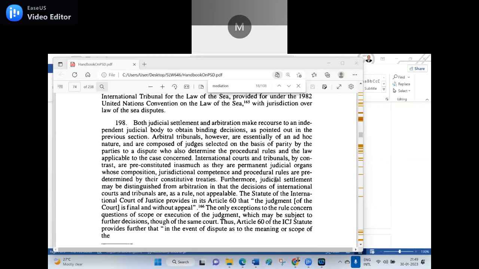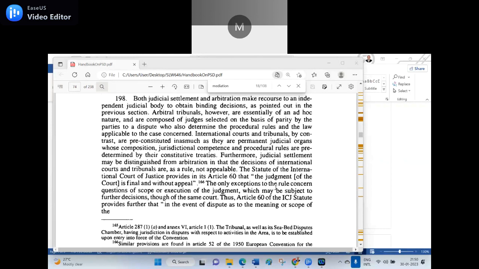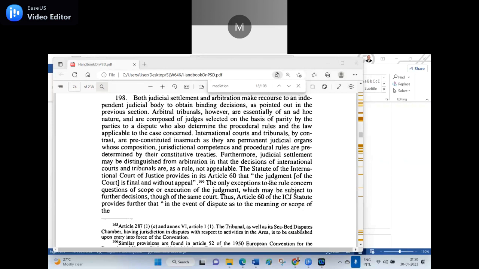Article 36 says the jurisdiction of the International Court of Justice covers the parties to the treaty or charter, and they will entertain such a case. Article 60 says if any decision is given by the International Court of Justice, that would be final. So the judgment of the court is final without appeal.